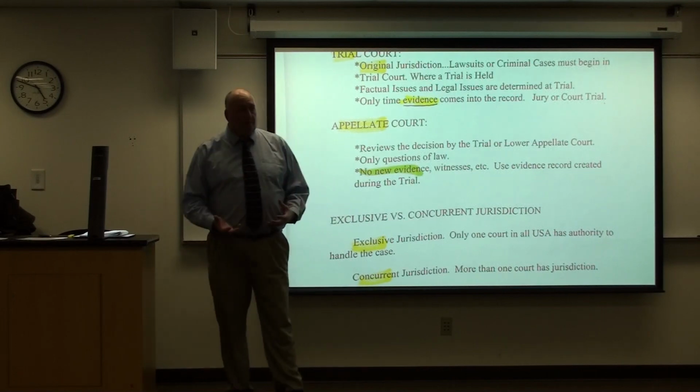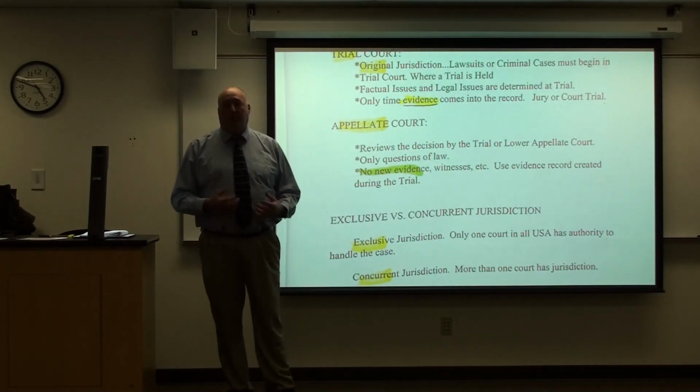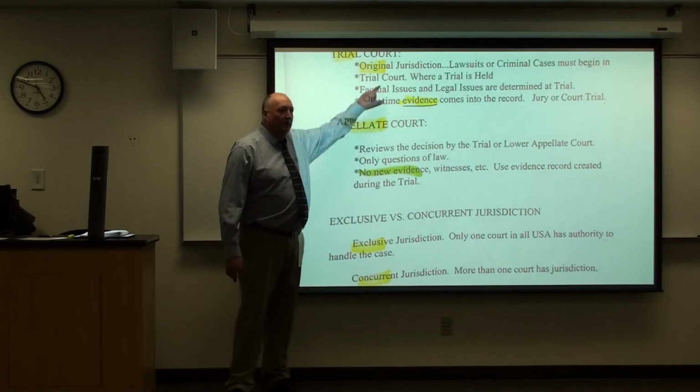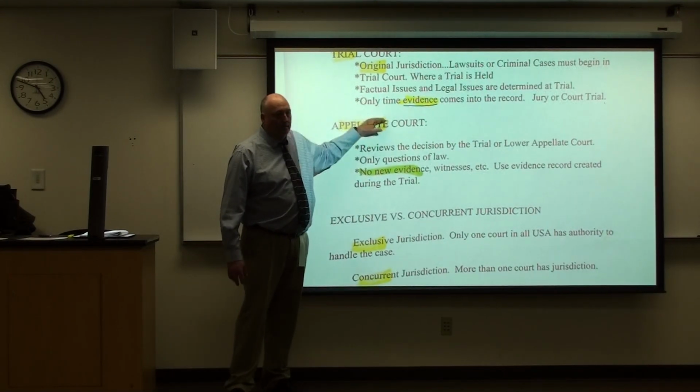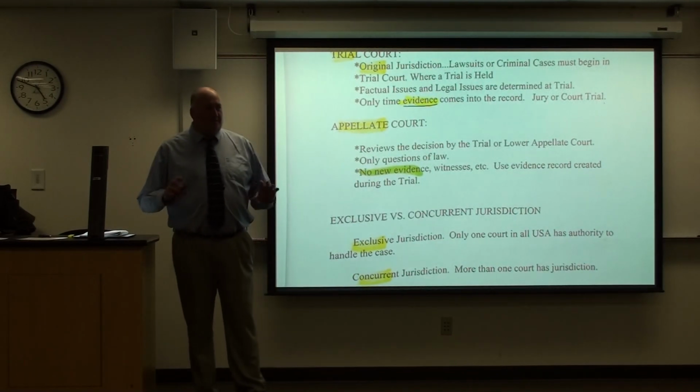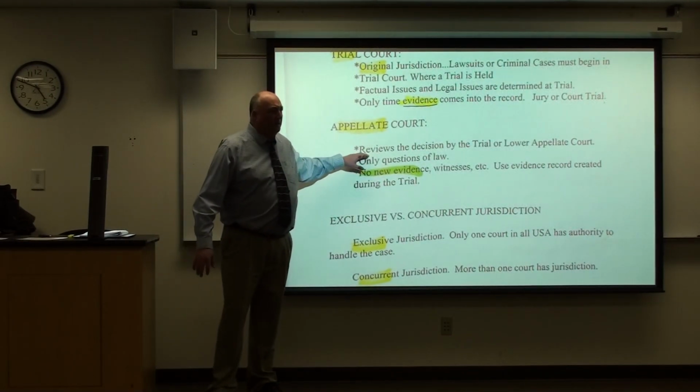And so you can ask for a new trial after the fact when new evidence is discovered, but that trial won't be held at the appellate court. It'll be sent back to a trial court. Okay? I won't really get into that in this class. If you know this much, no evidence on appeal, you're good.